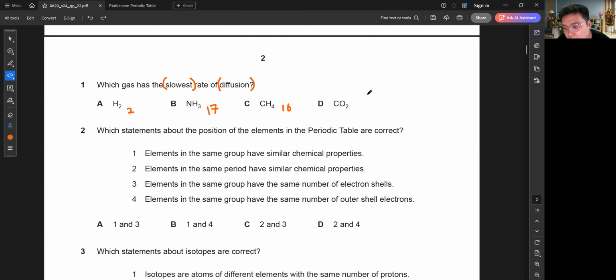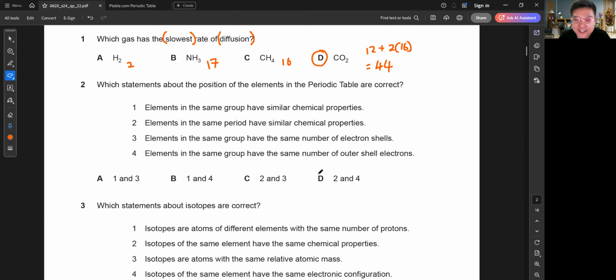Let's just write out the working: 12 plus 2 times 16. 2 times 16 is 32, added together 44. So clearly this one is the highest, so it's the heaviest. If it is the heaviest, it diffuses the slowest because, well, you can imagine it's fatter. Okay, I think that's clear enough.